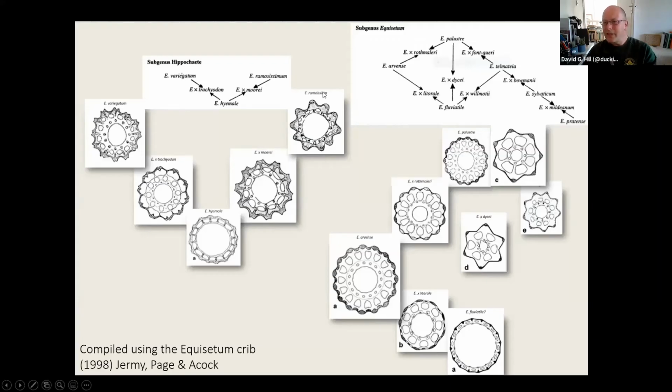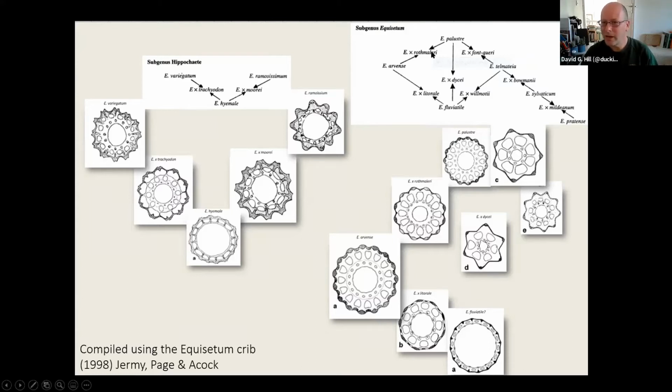And that really is used to divide the subgenera. Now, I'm not going to go into identification of the subgenera because it is quite specialist, but basically what you're looking at is a cross-section of the stem, and you're looking at the arrangement of the structures inside the stem, but also branching.